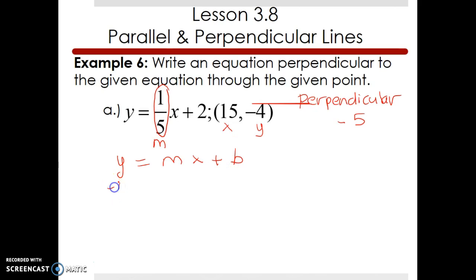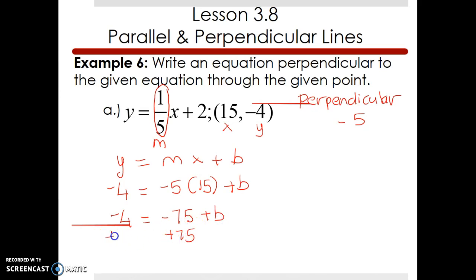So my y is -4, my m is -5, my x is 15, plus b. So -4 equals -5 times 15, which gives me -75, plus b. I'm going to add 75 on both sides, and I get b equals 71.